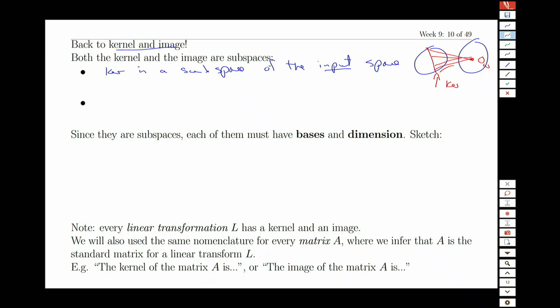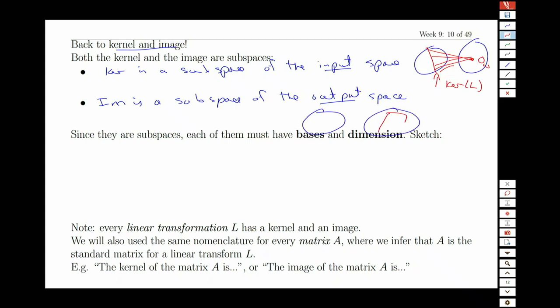That's the kernel. And then the image is a subspace of the output space. It's the points we can reach, all the points that we can reach from some input on the left-hand side using L.